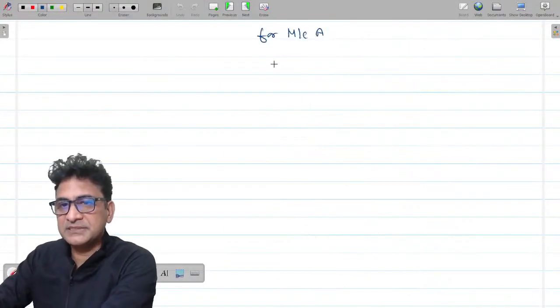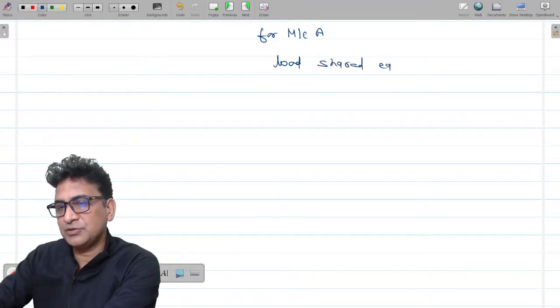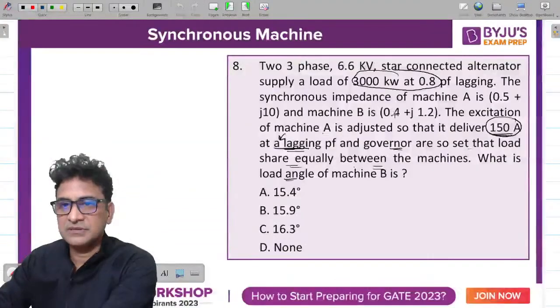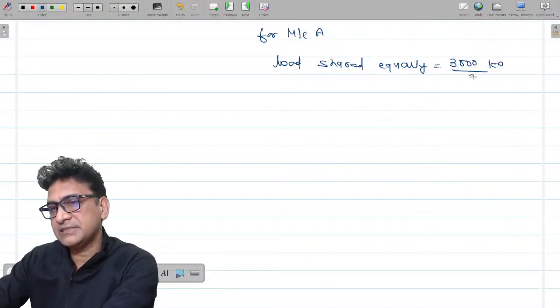Load is shared equally means both machine A and B are providing half of the load. Total load is 3000 kilowatt, so each generator is giving 1500 kilowatt of power.